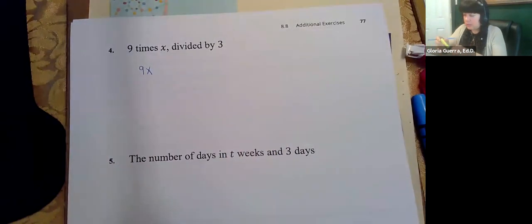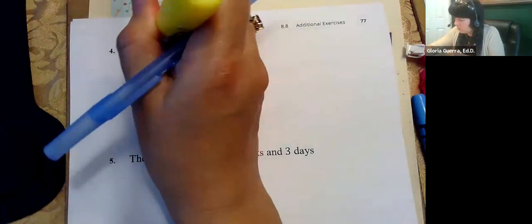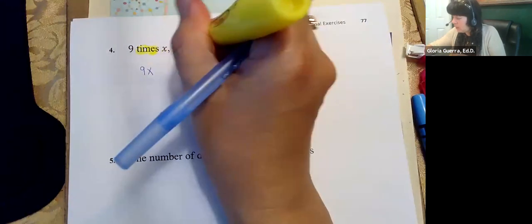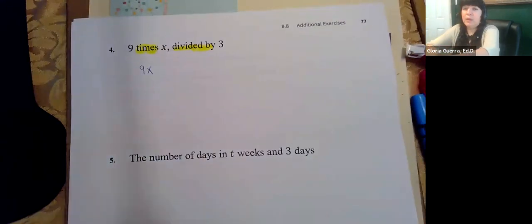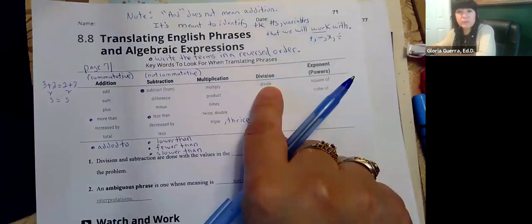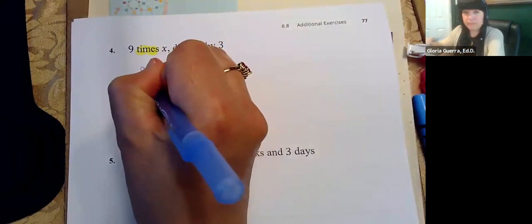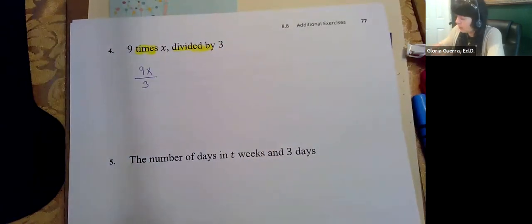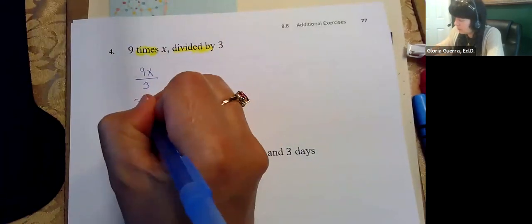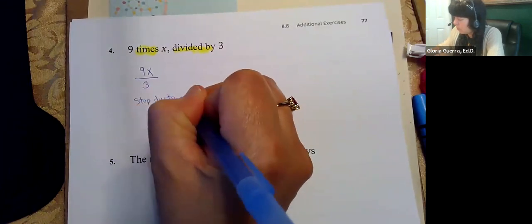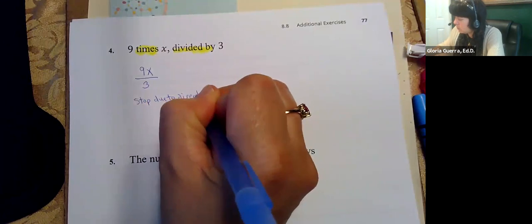Okay, so I'm going to highlight that. Then we're going to divide it by 3. And divided by is division. So I'm going to set up like this. Divided by 3. And then according to this, I would stop, right? Due to directions.